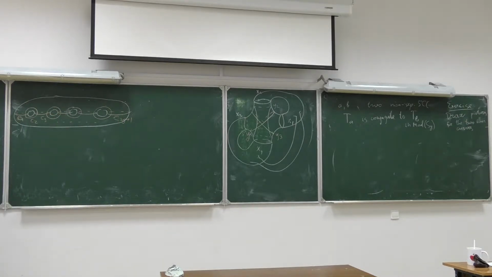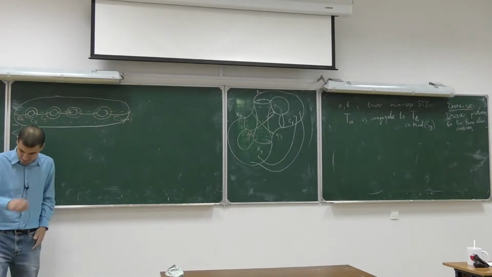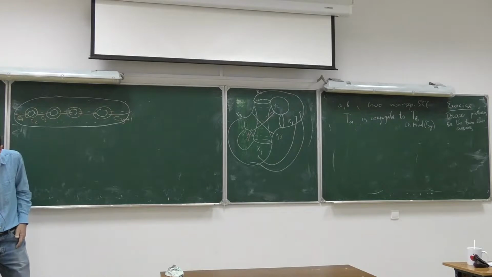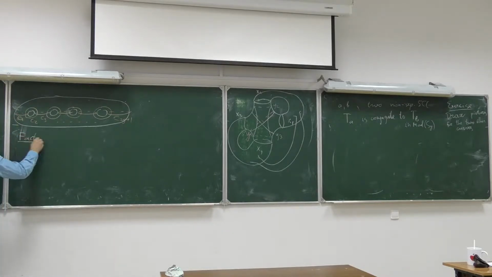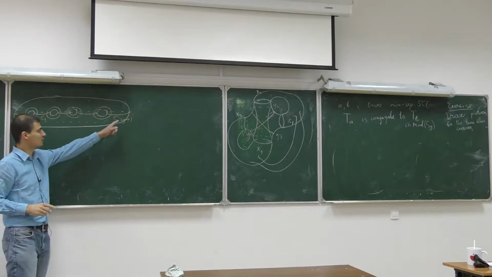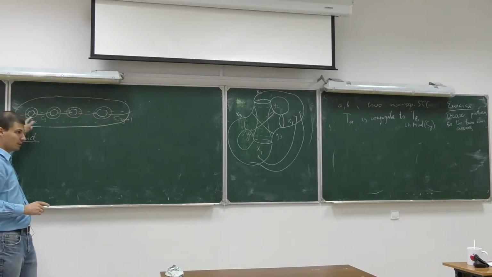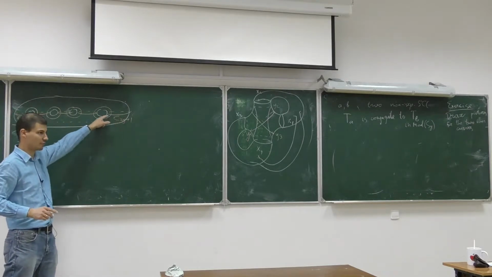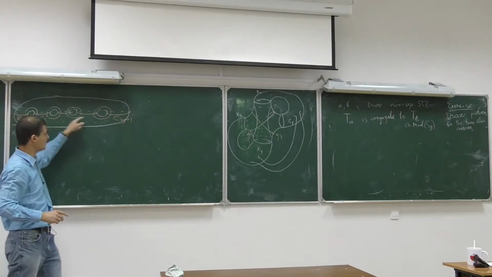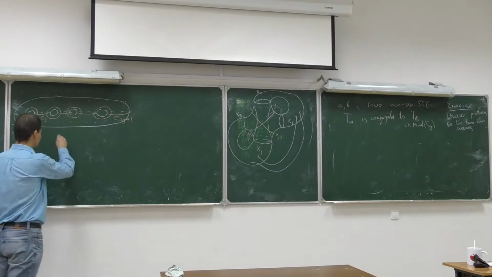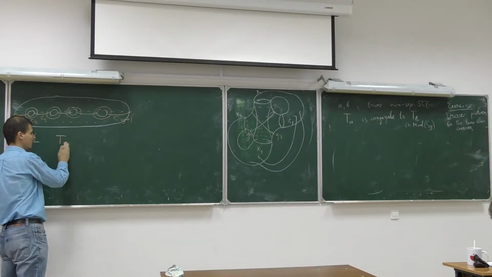Now, the fact is the following: let us consider the product of all these Dehn twists in some order, and then the product in the opposite order. So consider the element like that.